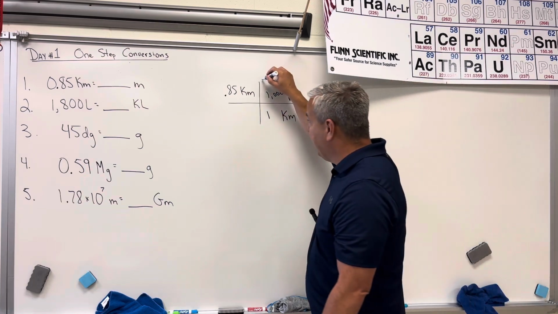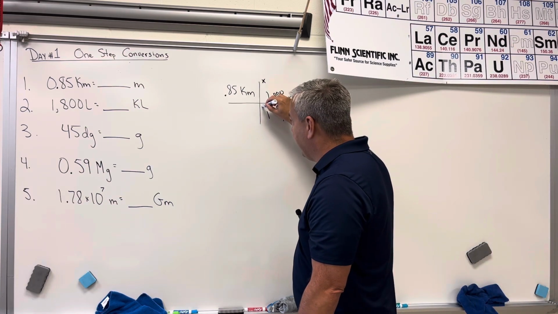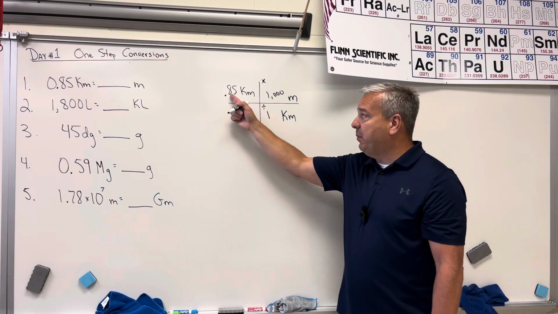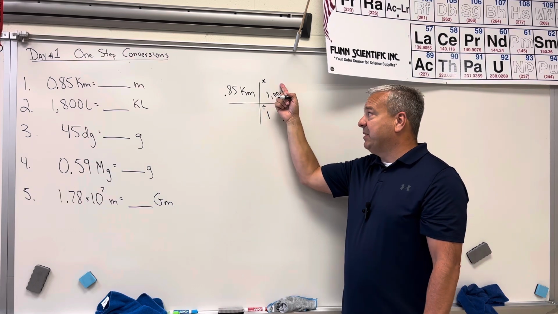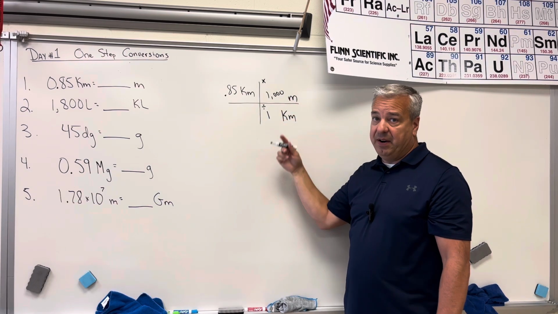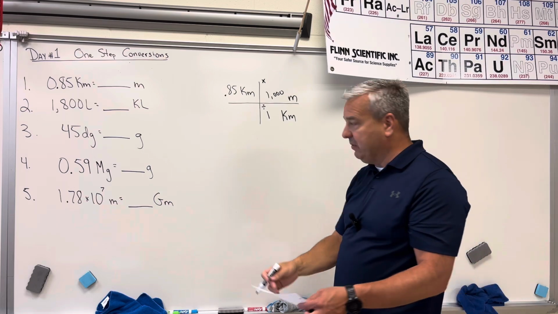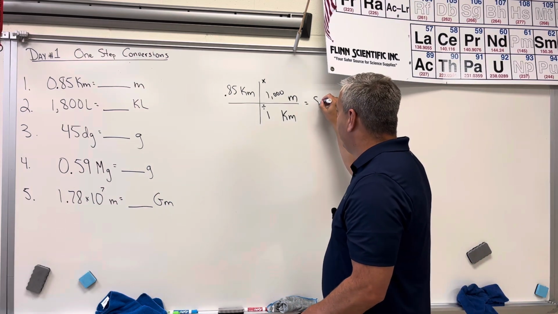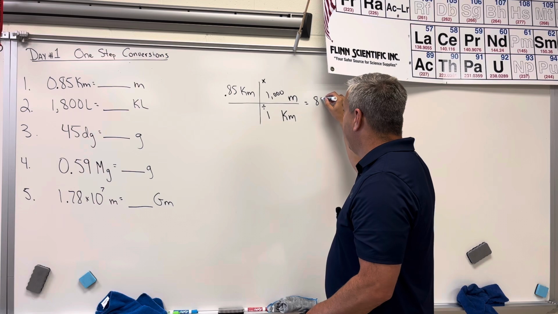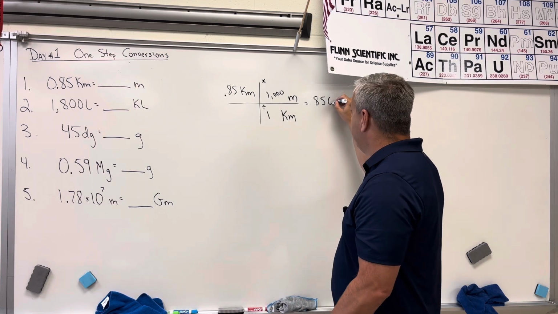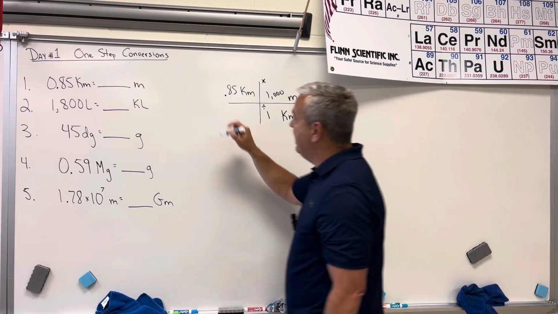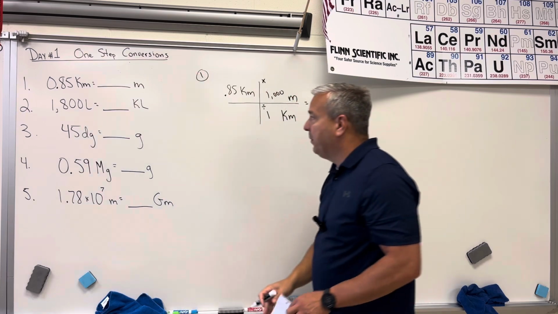And we're going to multiply on the top, and divide on the bottom. So I would take 0.85 times 1,000 divided by 1 to get your answer. If you do that work, you're going to find that the answer is 850 meters. That's the answer to problem number 1.